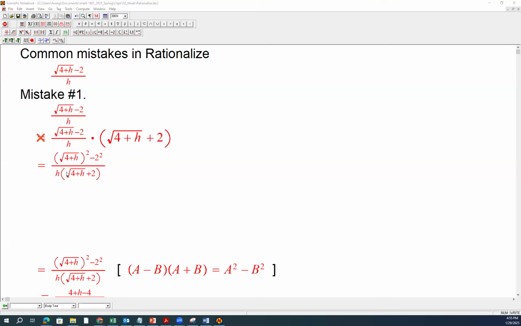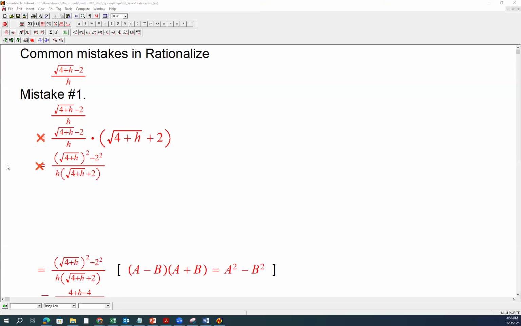And by going to the next step, you're making another mistake, because this quantity is not the same as this second quantity. So you're making double the mistake. The consequence in this kind of situation is that you're going to lose points on these two steps. So please do not make this kind of mistake.